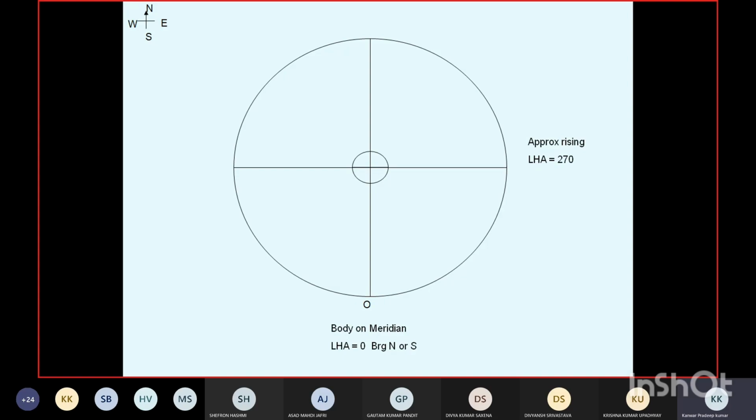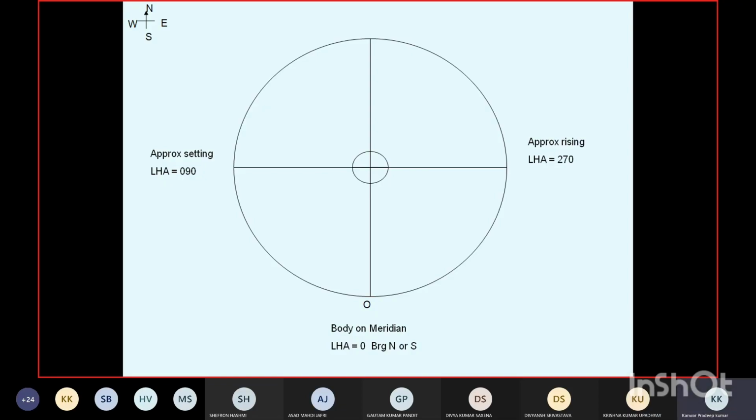Body on the meridian, LHA is equal to 0, bearing north or south. Body setting, LHA 90.